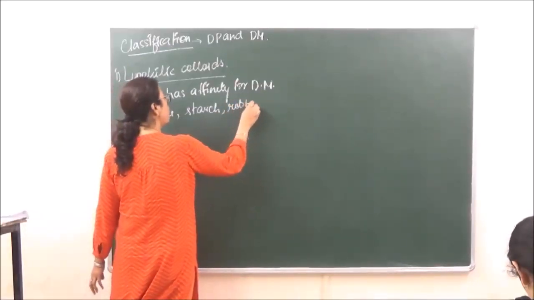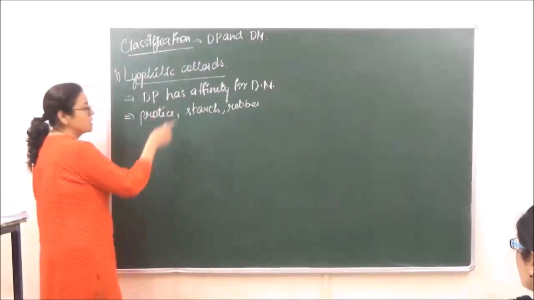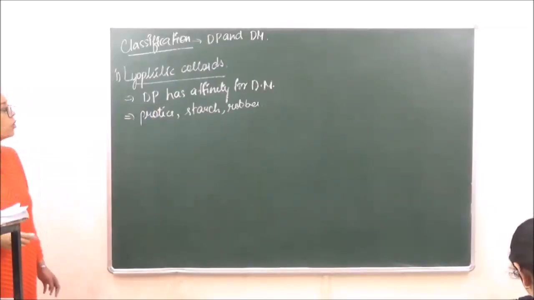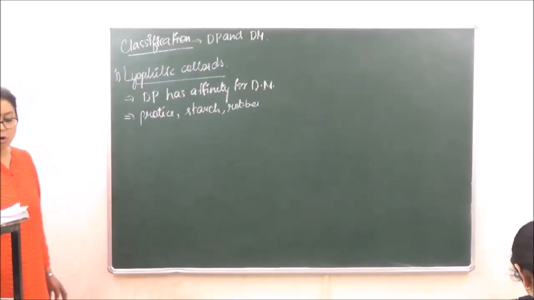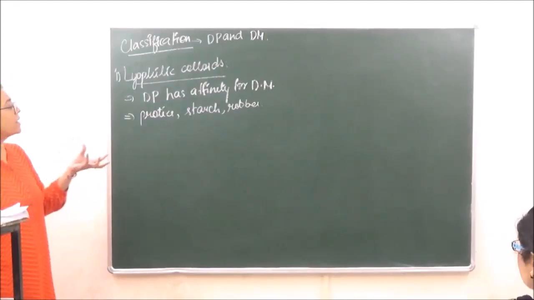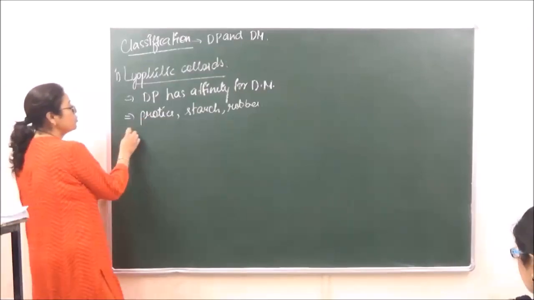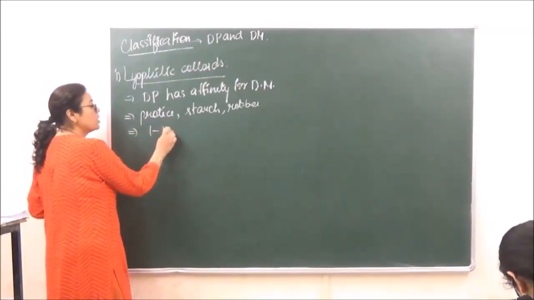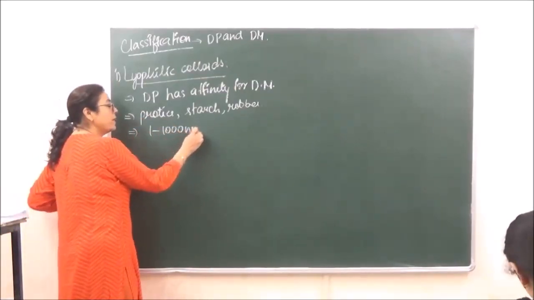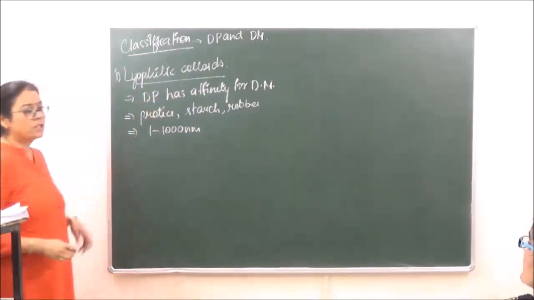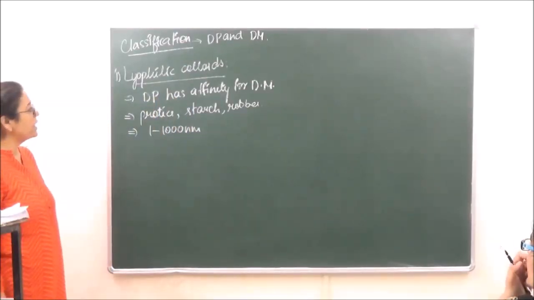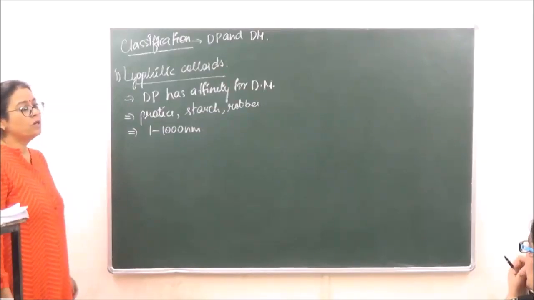The molecules of all these systems, when we are talking of protein, starch or rubber, are large sized molecules. The diameter of these molecules is anything between 100 to 1000 nanometers, which comes in the colloidal range. Therefore, they form the colloids.